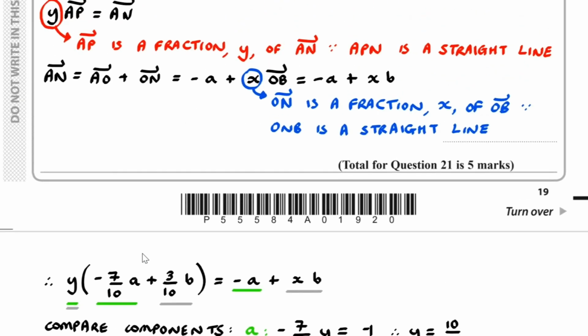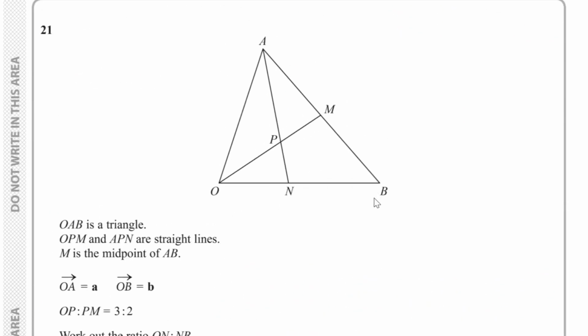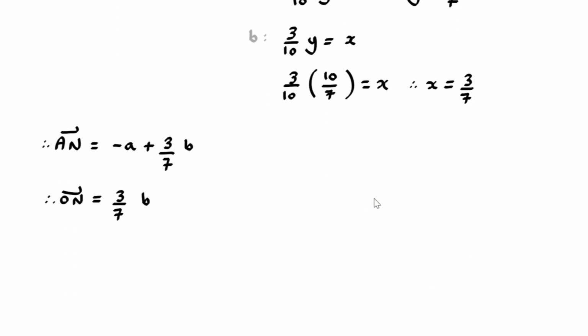So now with this, I can find out what NB is. So the vector NB is equal to the vector OB minus ON.